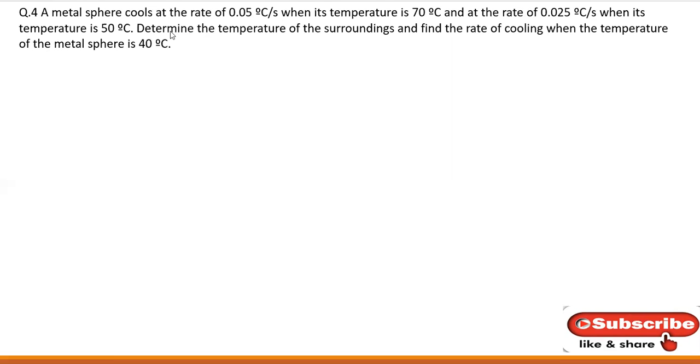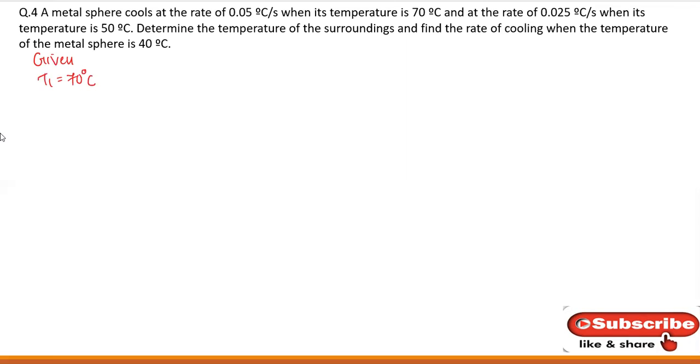You know that the rate of cooling is proportional to the temperature difference. So first we will write the given data. The metal sphere's rate of cooling is given at 70 degrees Celsius, so let the temperature be T1 is equal to 70 degrees Celsius.